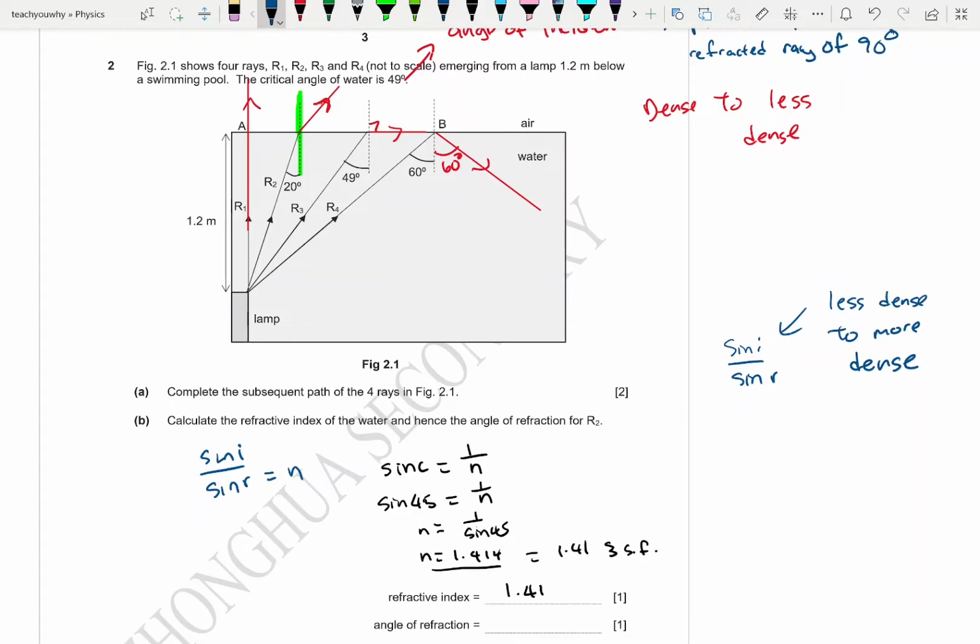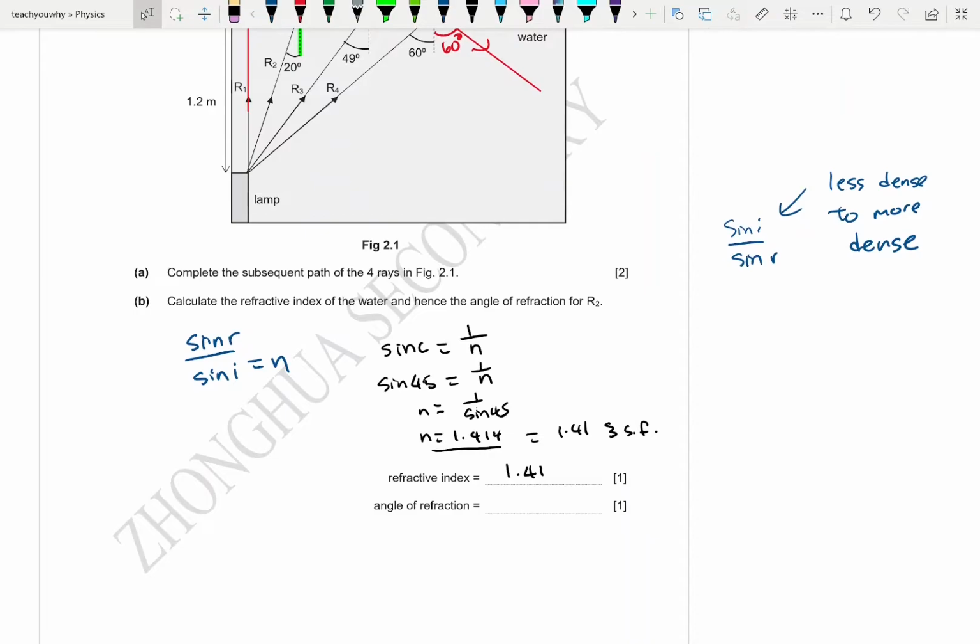So what happens when we have more than to less than? When the light ray is traveling from more than to less than, we need to swap it around. It becomes sine R over sine I equals n.